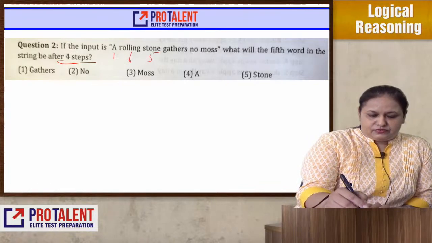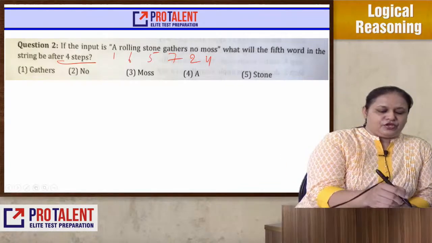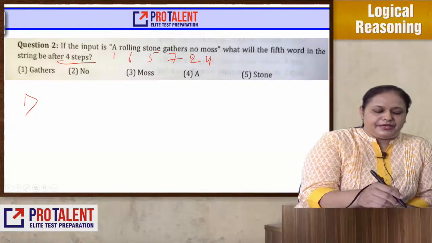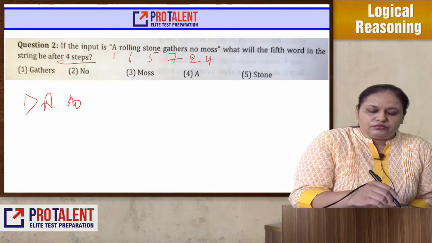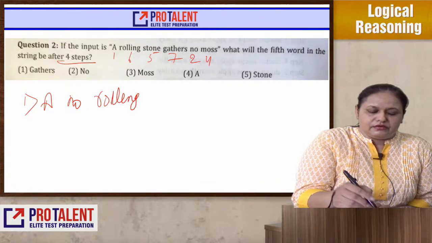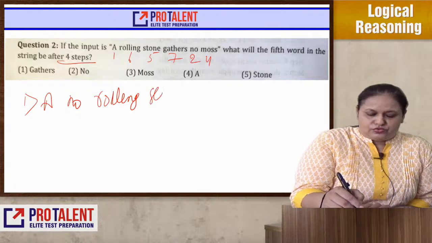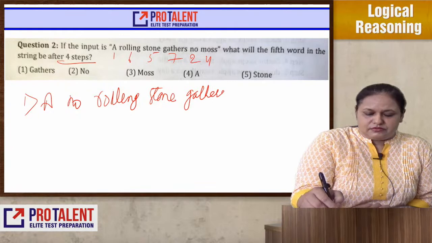Five letter, 1, 2, 3, 4, 5, 6, 7. So step 1 is going to be A, no, then rolling, stone, gathers, moss.